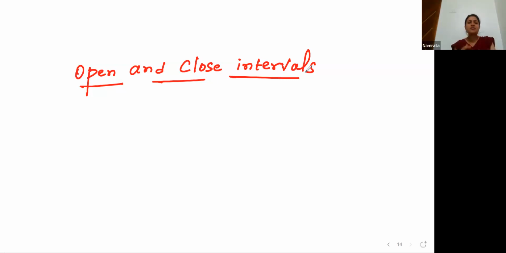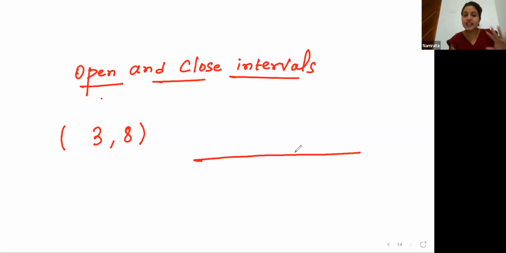Open interval means, suppose I give a smaller bracket, and in this bracket I write two numbers, like 3 and 8. This is called an open interval. The meaning of this is we are taking all the numbers in between 3 and 8.